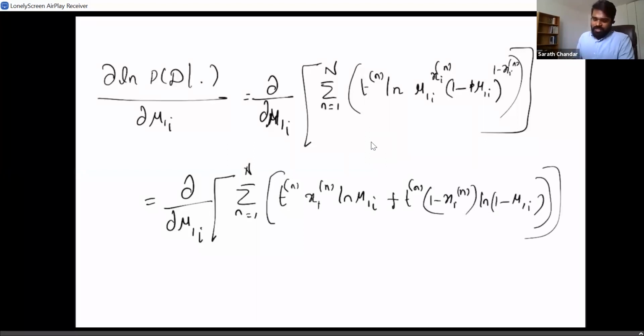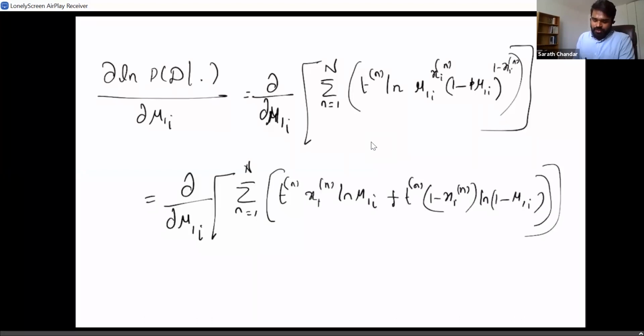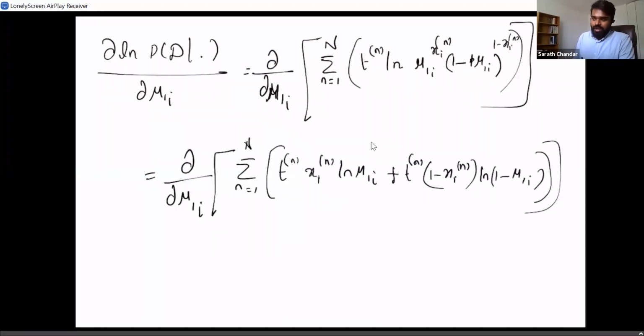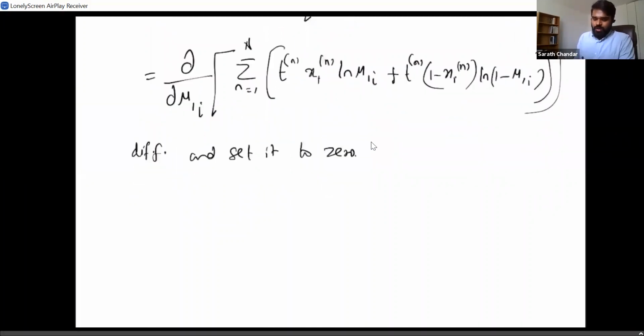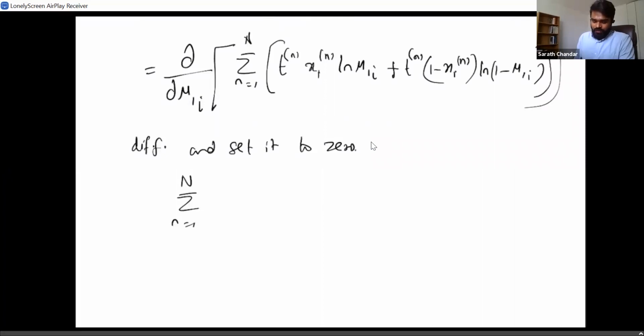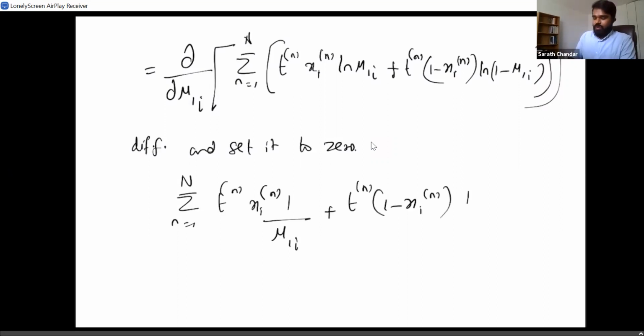Now we need to differentiate this and set it to 0. So summation over n is equal to 1 to N, t of n, xin, ln mu1i becomes 1 by mu1i, plus t of n, 1 minus xin, ln 1 minus mu1i becomes 1 by 1 minus mu1i, and you differentiate 1 minus mu1i again, it gives you minus 1, and the whole thing is equal to 0.